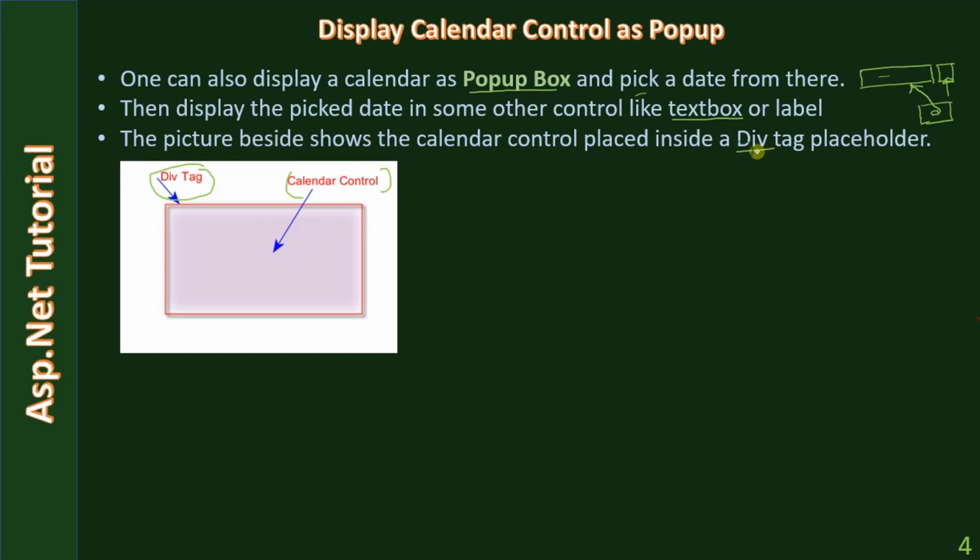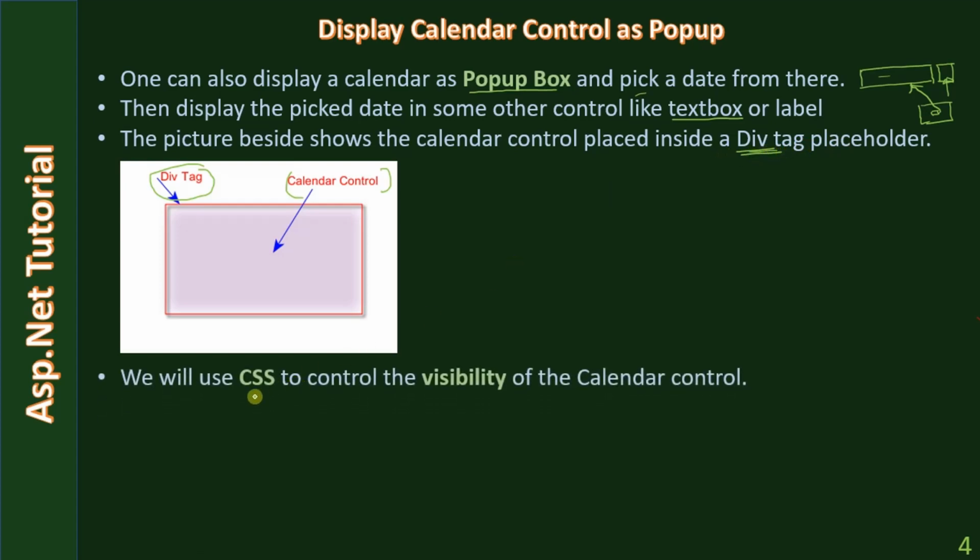Right, div tag is a HTML tag, and we will open a div tag, and inside that we will place the calendar control. Then we will use CSS cascading style sheet to control the visibility of the calendar control. So we will set a display as none to hide it initially.